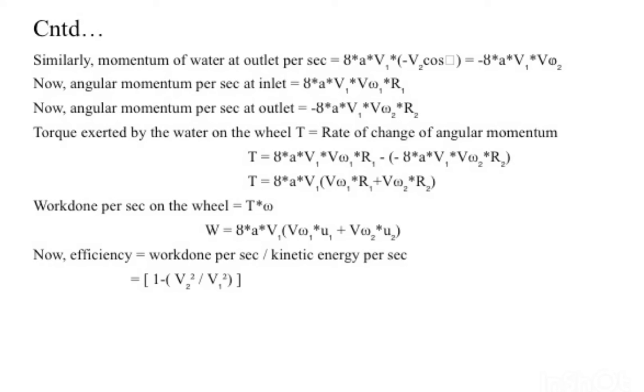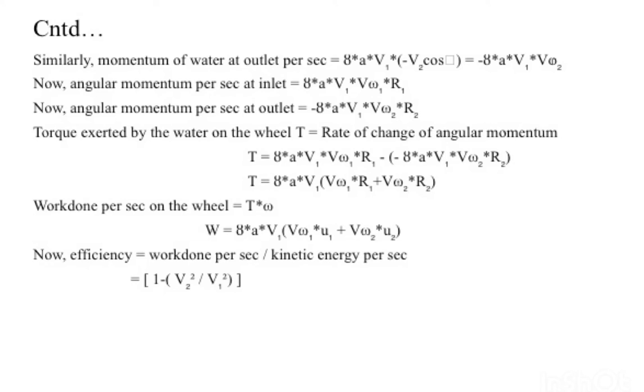Next you have to find the torque exerted by the water on the wheel. Torque is the rate of change of angular momentum, so T is the angular momentum per second at inlet minus that at the outlet. Therefore T is rho into A into V1 into (VW1 R1 plus VW2 R2).